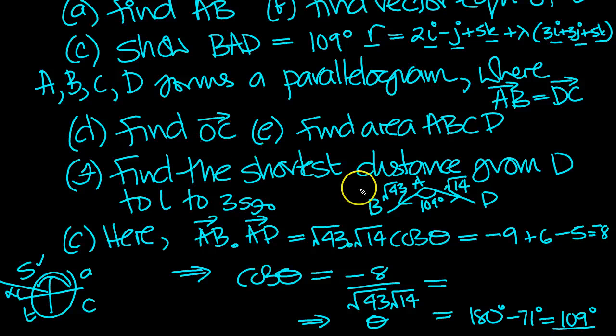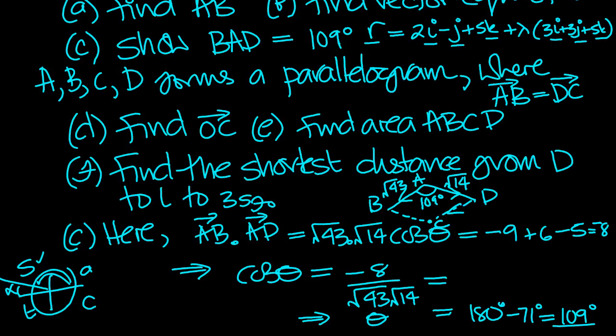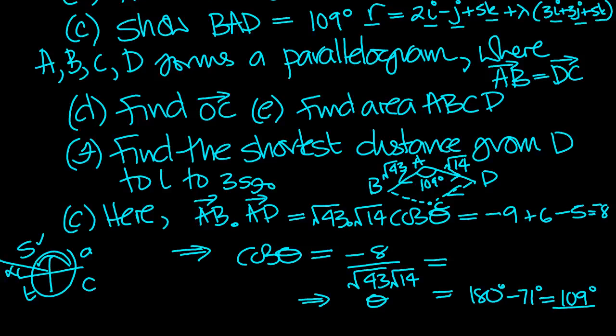Now D, find OC. Okay, so we've got a parallelogram ABCD forms a parallelogram where AB equals DC. So there would be C, wouldn't it? So, okay, so AB equals DC.